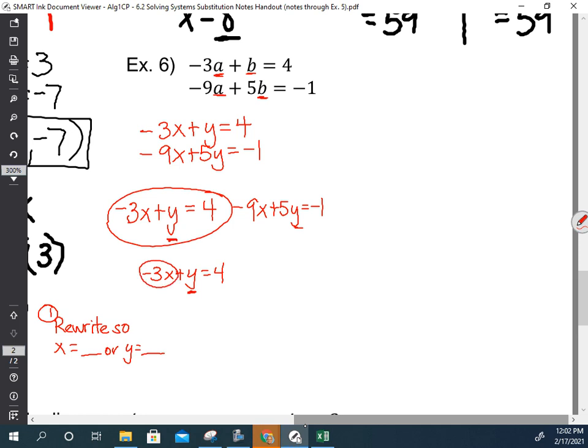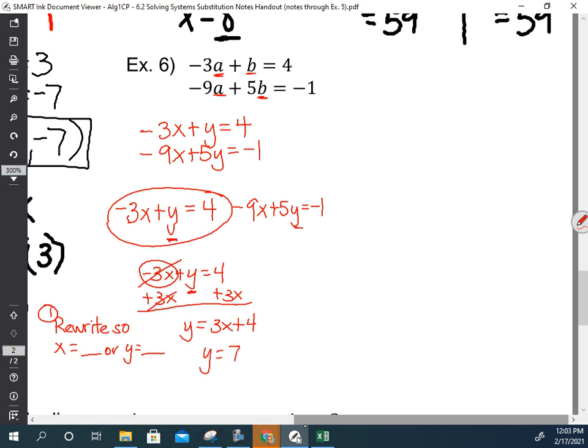It's negative, so you add it to both sides. So you have y equals 3x plus 4.